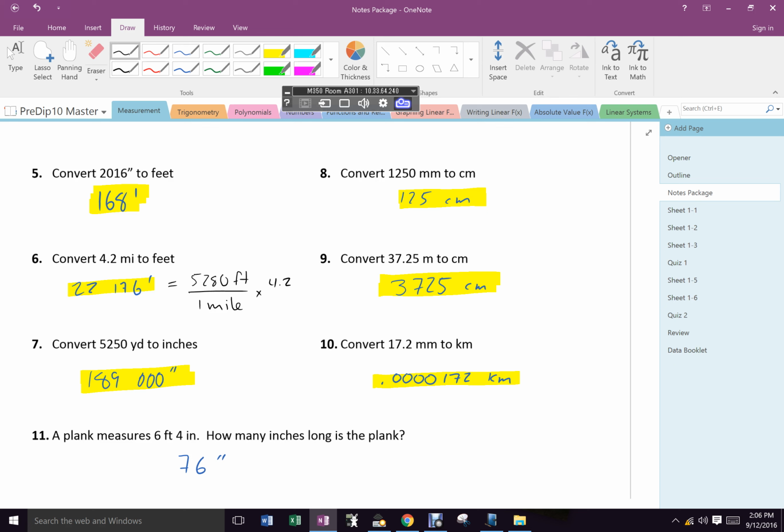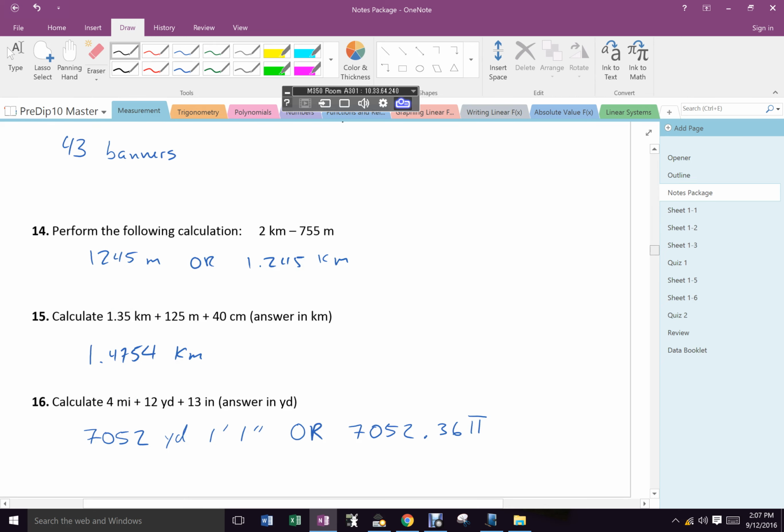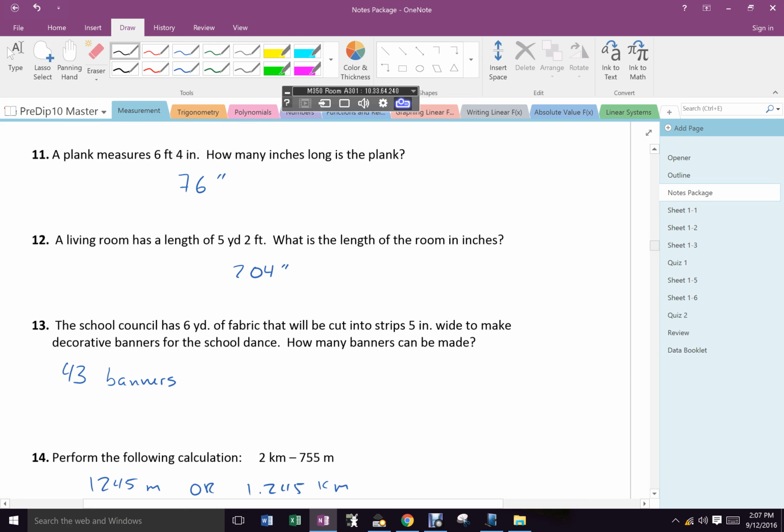Cool? Everybody good? Everyone good with the fake math class questions? Yeah? Now you'll notice I slide slightly into more real-world examples for 11 to 16. They don't all fit on one screen, sorry.